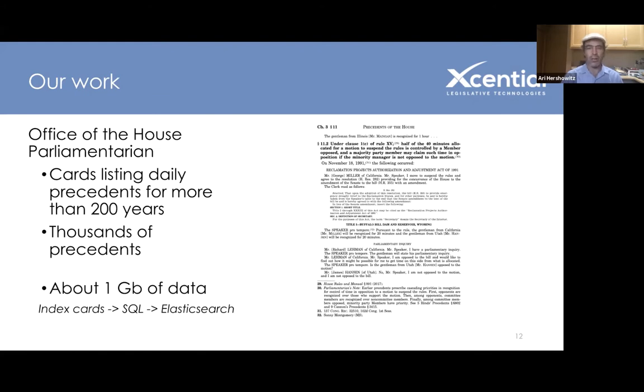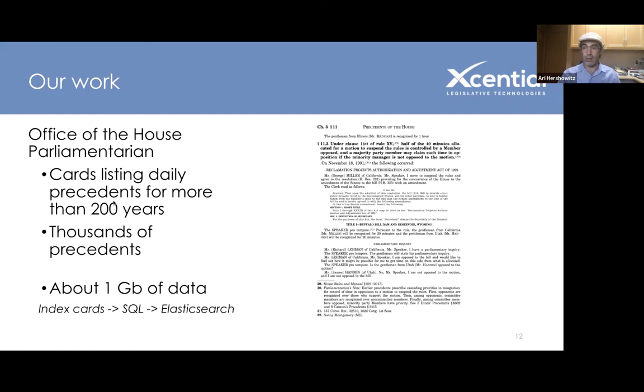So all of these originally were collected on actual index cards. When the parliamentarian of the House wanted to list out a precedent, say someone called someone a bad word and they wanted to say that bad word's not allowed, they'd flip through their index cards and say, okay, index card number 1250 from 1879 has this person calling that congressperson a bad word, and the parliamentarian said that's not allowed.